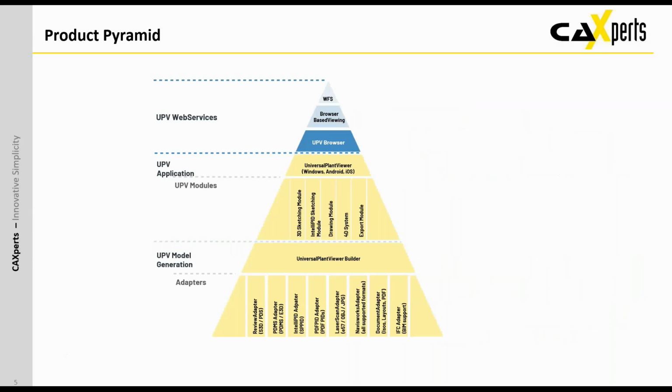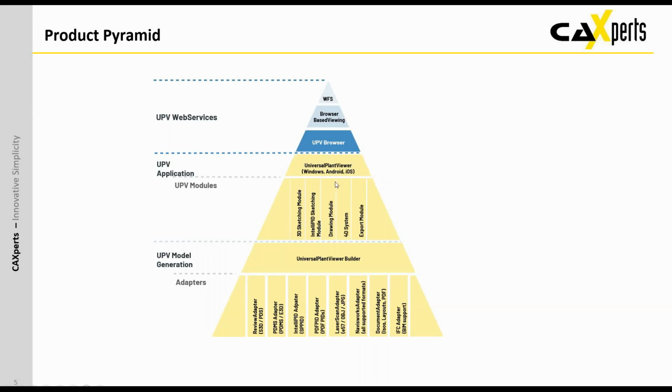So what is the product pyramid and where is actually the UPV Web Services to be located? As most of you already have worked with UPV, you have the adapters, the builder that creates a model, you have UPV modules that can be activated within UPV, and you have the final model viewed in UPV itself, in the UPV application.